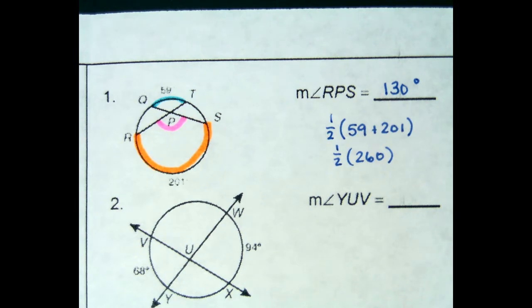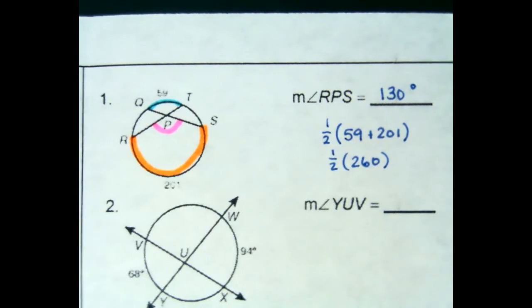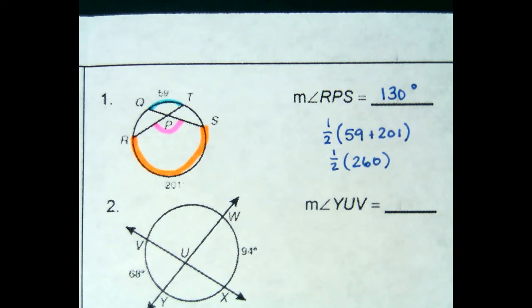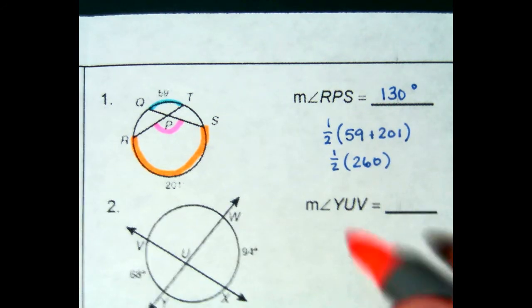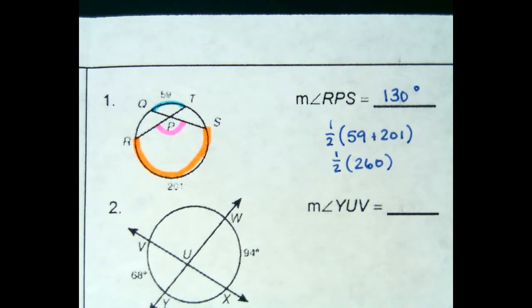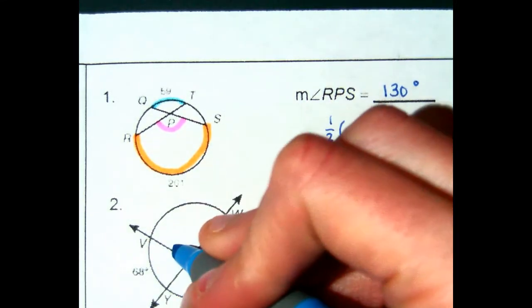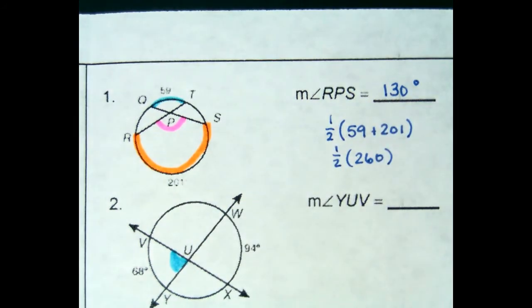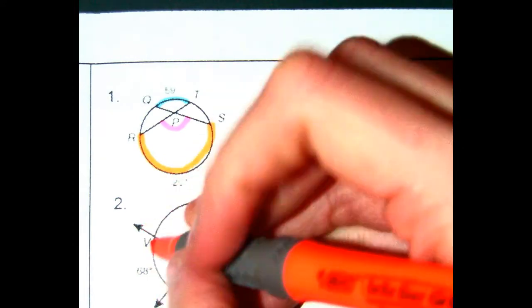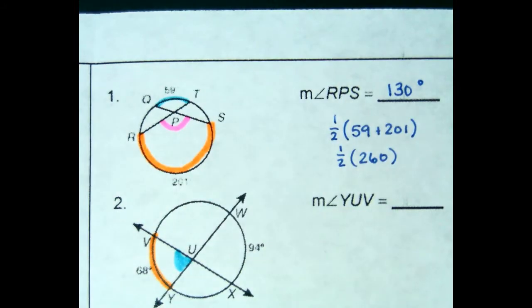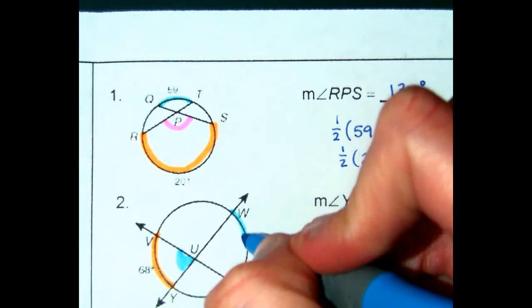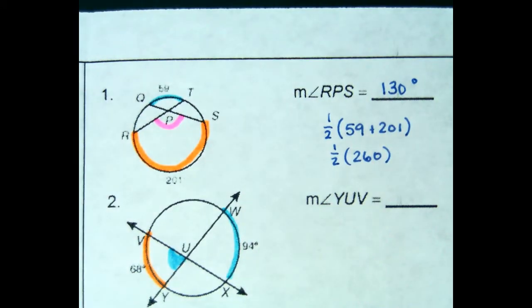Alright, this time we are looking for YUV. You can't just say U. YUV is what compared to 68 and 94? I just highlighted that in the wrong color. This is supposed to be yellow, pink.